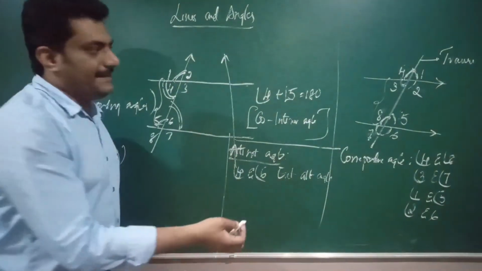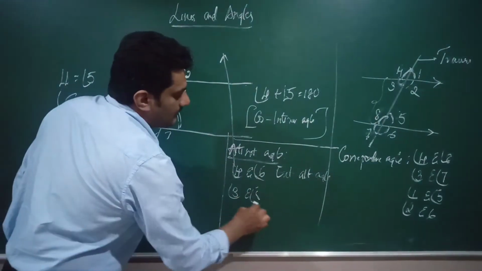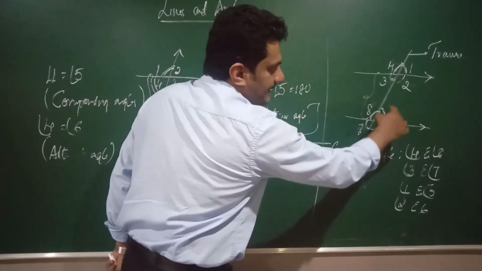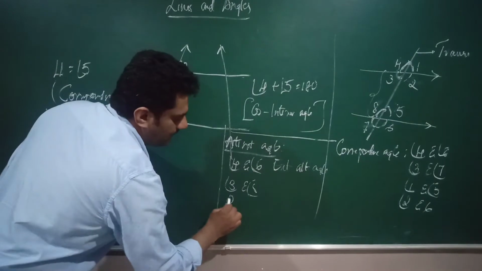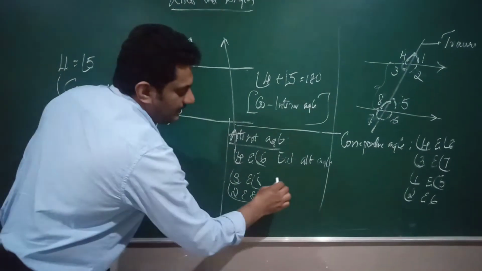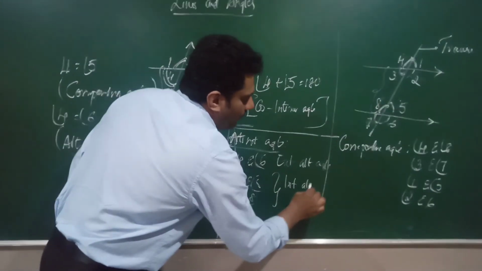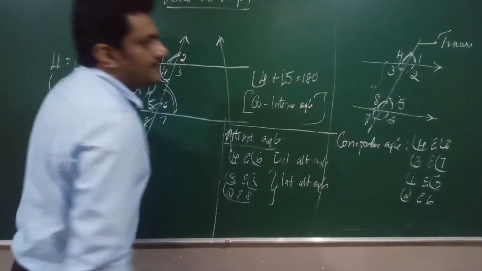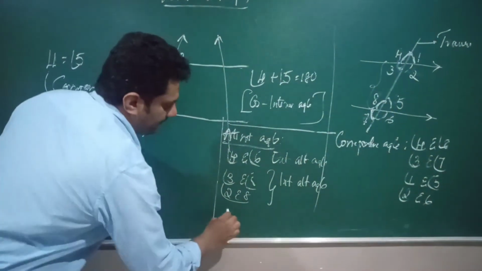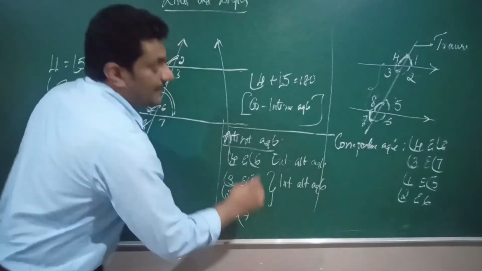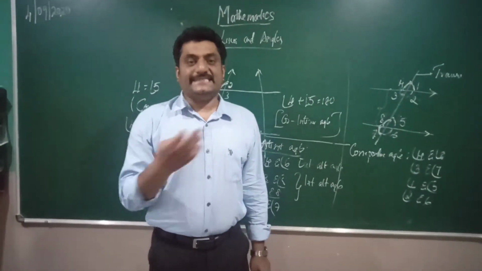If it's interior, you can take angle 3 and angle 5. These are inside, angle 3, angle 5, angle 2 and angle 8. These are inside, so we can call them interior alternate angles. Now if you see, we have one more, angle 1 and angle 7. They are outside, that is why they are called alternate exterior angles.